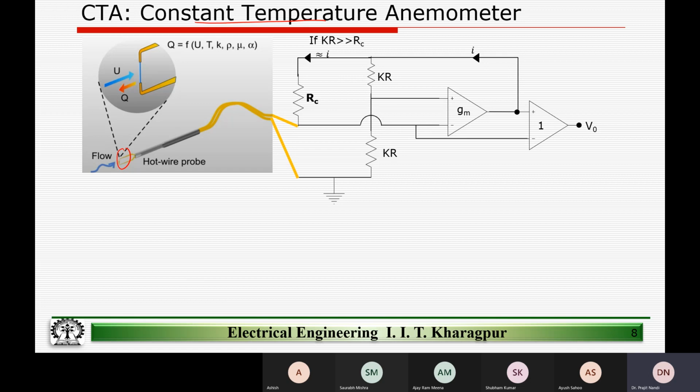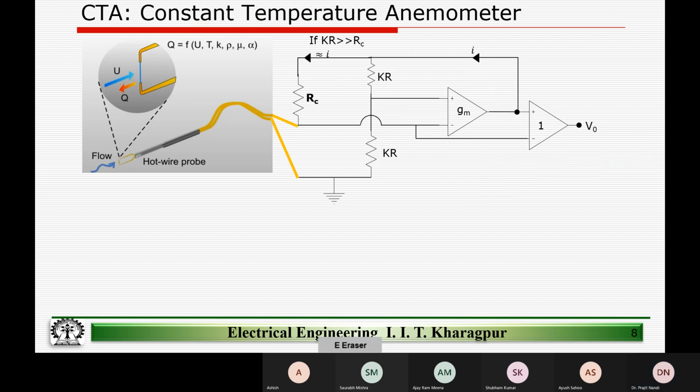We looked at the resistor expression, RW is RW0 times 1 plus alpha T something. So only if the temperature is held constant will RW remain constant. So how are we ensuring that the temperature remains constant? By having this feedback mechanism.